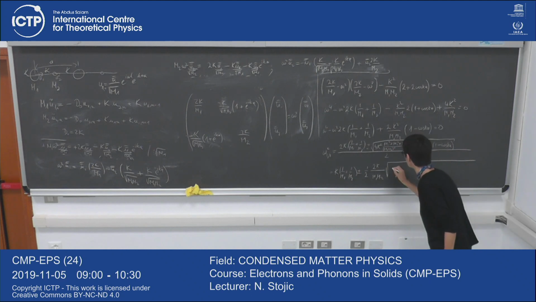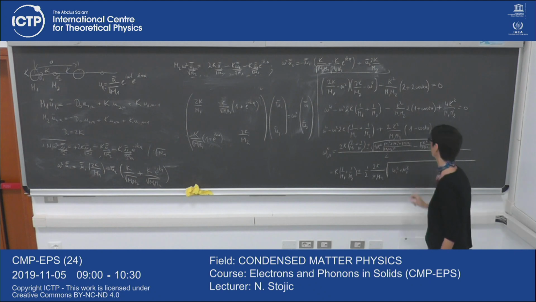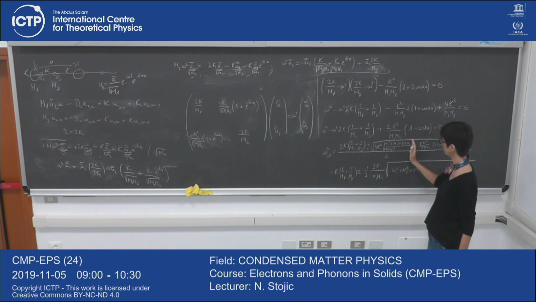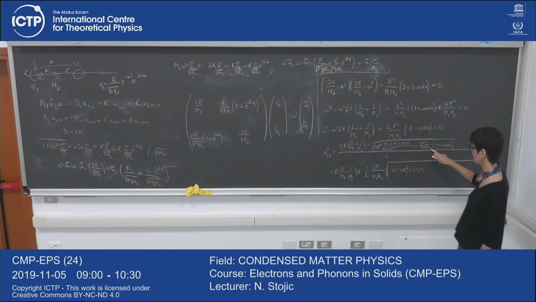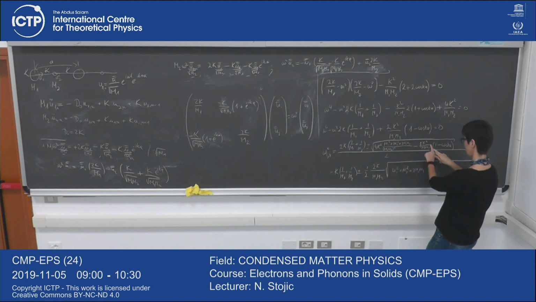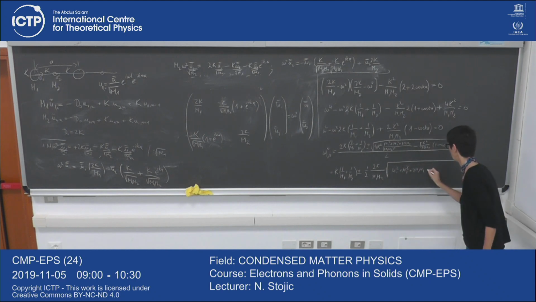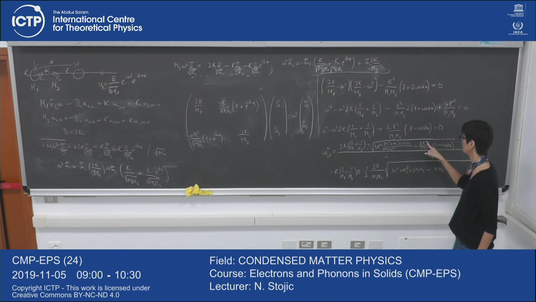What I have left is m1 squared plus m2 squared plus 2m1 m2. So this is this part. Here I factored out the square root, so I have to multiply by the m1, m2. K is out.